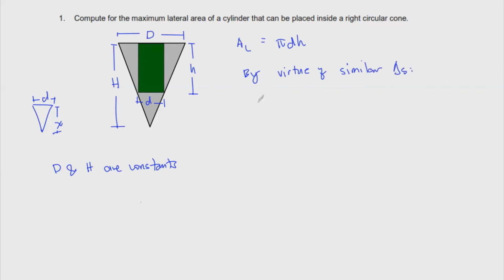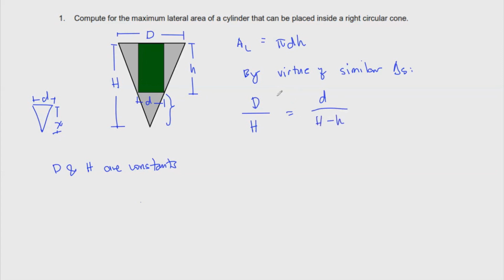By virtue of similar triangles, we know that the diameter over the height of the larger triangle is also equal to the diameter of the smaller triangle over its height. Here we know that this height is the height of the cone subtracted by the height of the cylinder, so I could just write this as H minus small h.